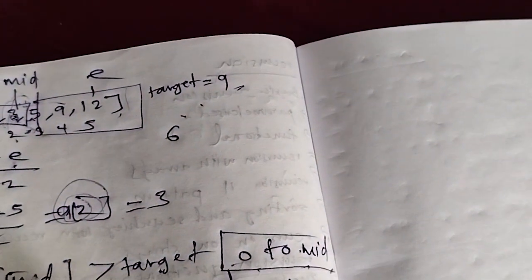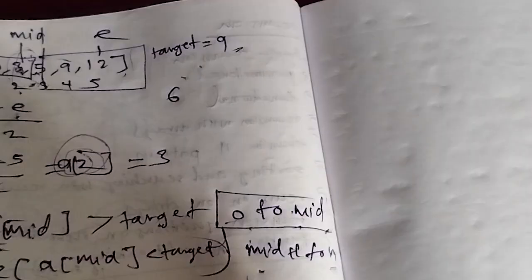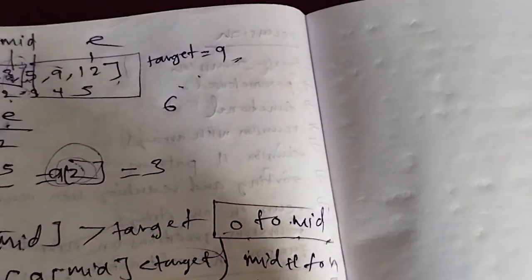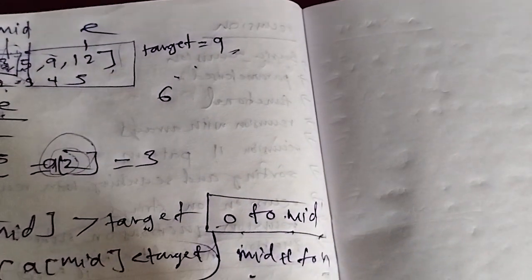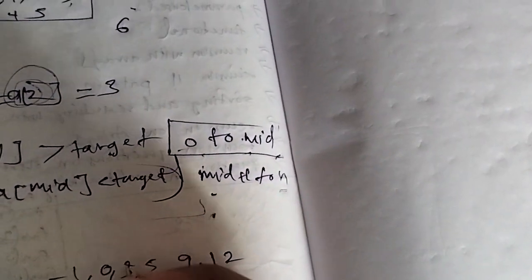So the next array, where the index will be moved: minus 1, 0, 3, 5, 9, 12, with indices 0 1 2 3 4 5. Previously there was a mid, right?